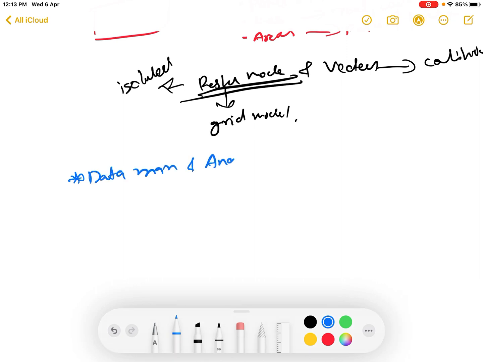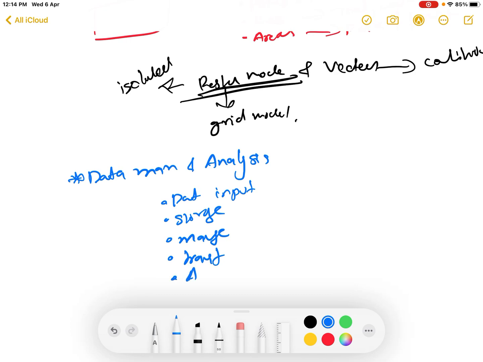Okay. Then we have the data management and analysis. This includes things like data input, storage, management, transformation, and analysis.